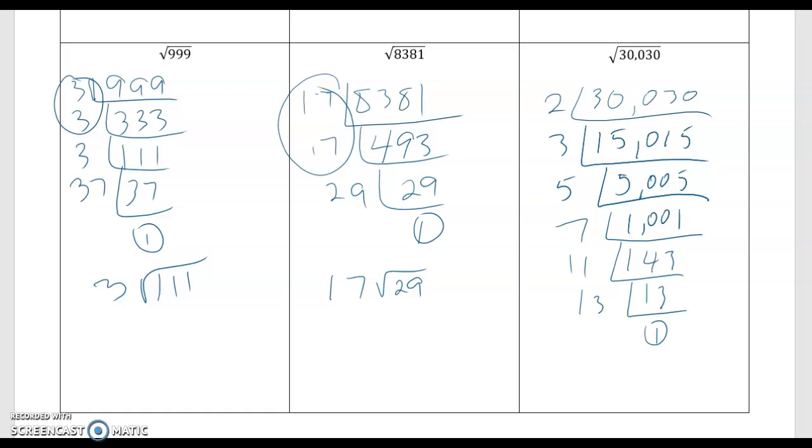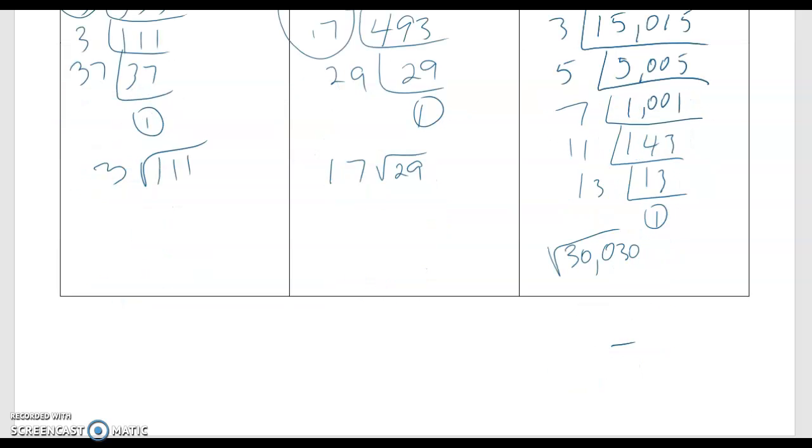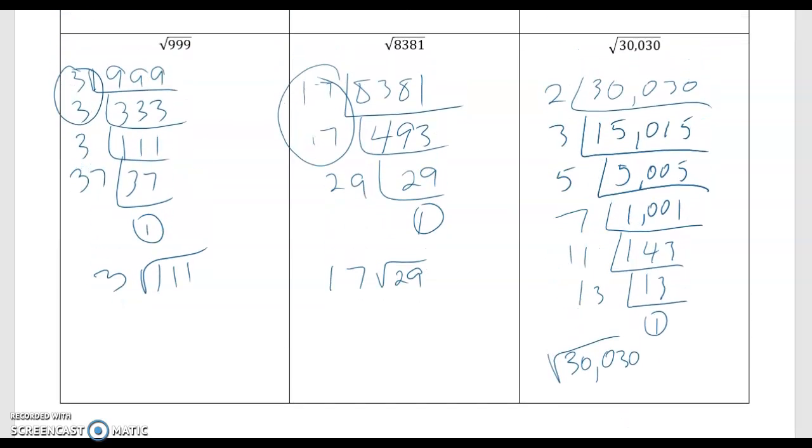So what does that mean? Well, it means this. The reduced form of the square root of 30,030 is the square root of 30,030. It's already reduced. If you see this happen, if you have a term like this that does not have any pairs of factors, it does not reduce further. Okay?